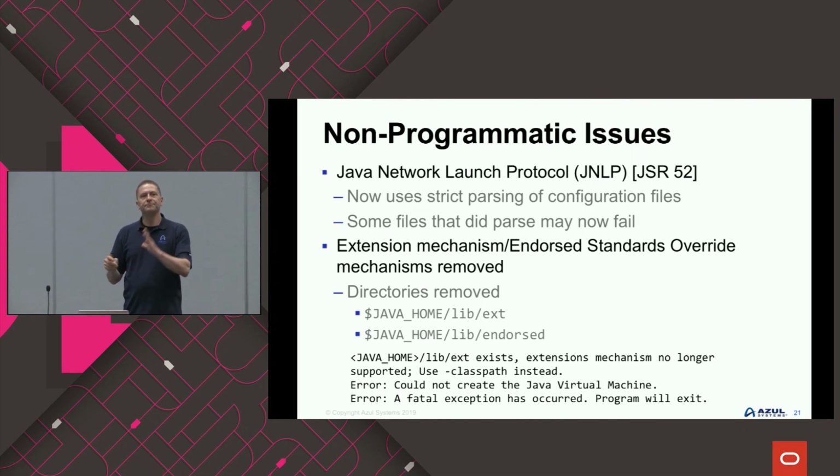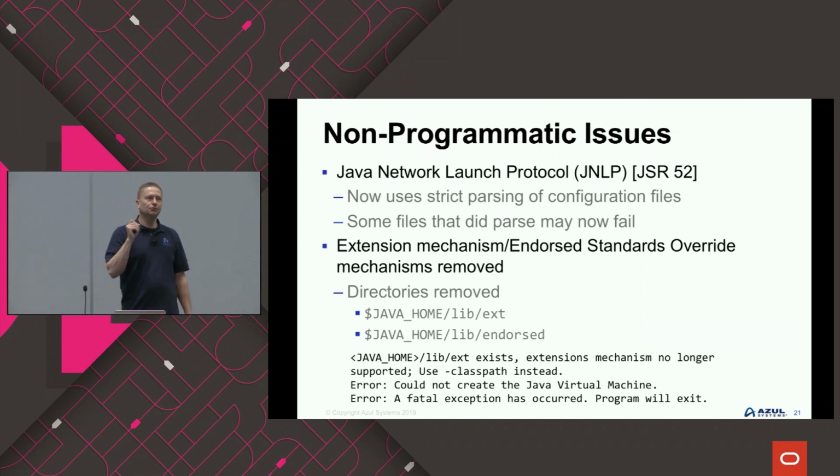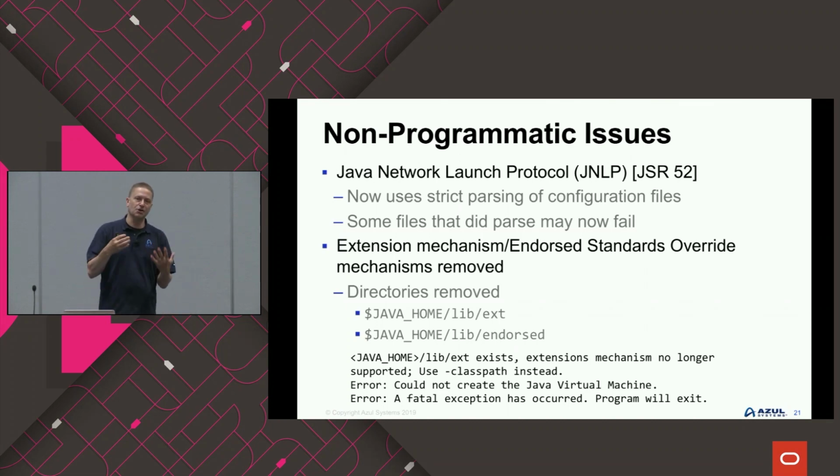Those have gone away. And if you use JNI, for example, often you put native code in the ext directory. If you try and do that in JDK 9, it will stop your JVM from starting. So you'll get an error message saying it couldn't create the Java virtual machine because the ext directory exists and it doesn't want that. So again, it's just something to be aware of.